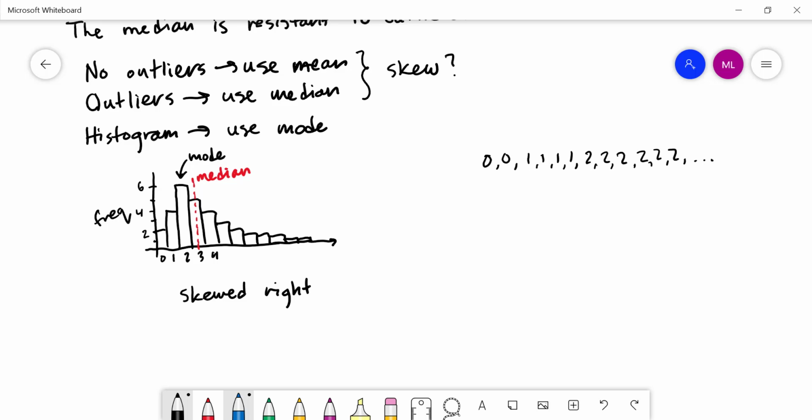I know that the mean is going to be further to the right, and it's going to be skewed to the right because of these outliers that sit on the right end. These are what we think of as the outlier values. They're far from where the rest of the data is, and there's not very many of them. These things don't really affect the median all that much, but they are going to affect the mean, and they're going to skew it to the right.